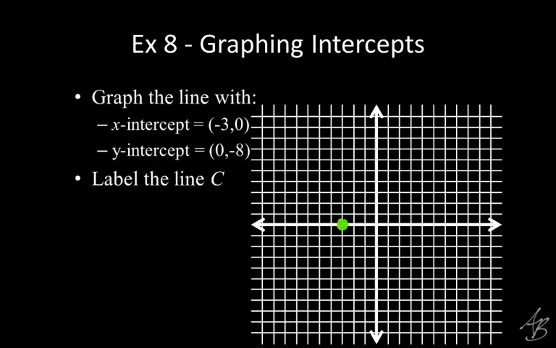And then y is -8, so we're going to go down 8 on the y-axis. And again, yours is going to look a little different because my coordinate plane is bigger than yours. But you should get a point down there. Draw your line all the way to the edges of the coordinate plane again. Put your arrows in there. And label it what? C.